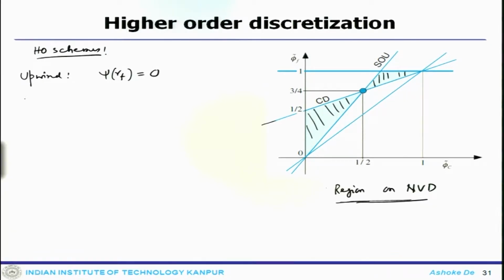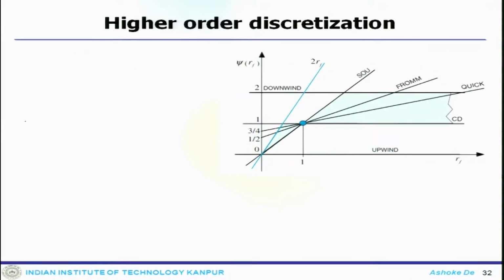Now, for the downwind scheme, psi r f equals 2, and we can see these things in the psi r f diagram here.